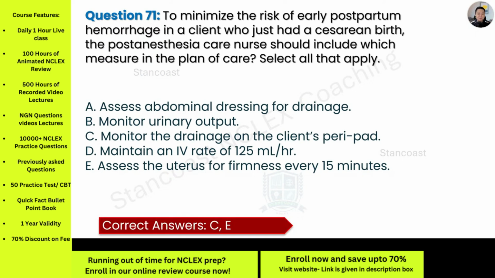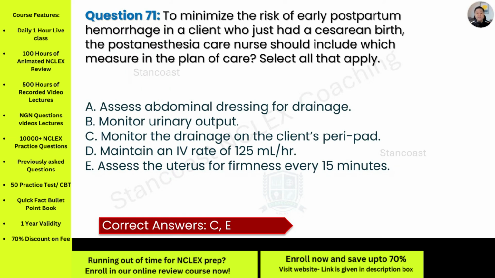Letter C is correct, because monitoring the drainage on the peri pad is very crucial for detecting early postpartum hemorrhage. We know that excessive bleeding will be evident on the pad, and it will allow the nurse to intervene promptly and prevent complications. E is also correct, because the assessment of the firmness of the uterus every 15 minutes can also ensure that uterine contraction is happening.